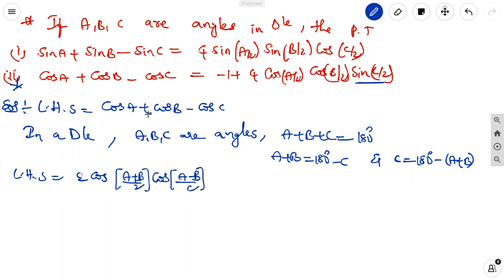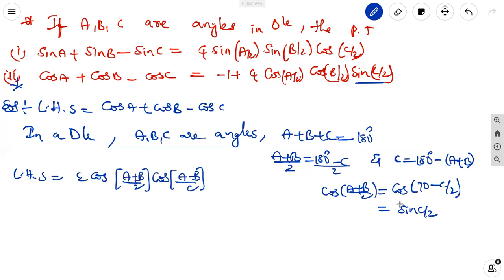Here cos C plus cos D means cos of (A plus B) by 2 times cos of (A minus B) by 2, and we can take (A plus B) by 2 as (180 degrees minus C) by 2. So cos of (A plus B) by 2 is equal to cos of (90 degrees minus C by 2), which becomes sin C by 2.